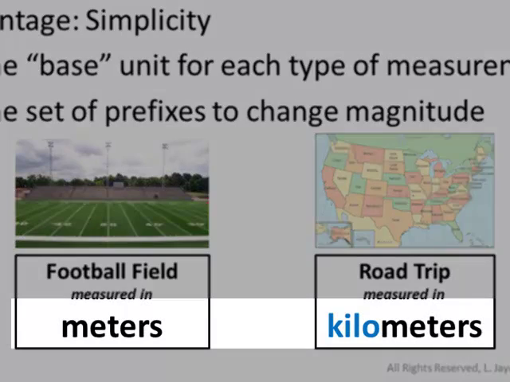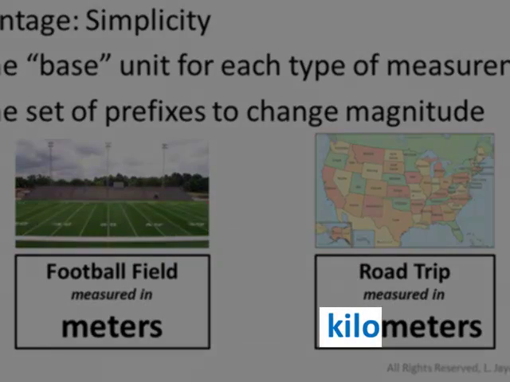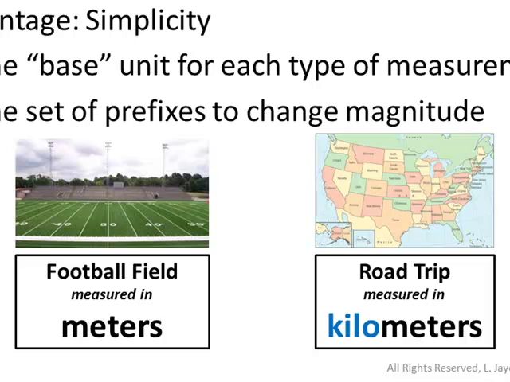I would just adjust that unit of meters by applying a prefix. A very common one to apply is the prefix kilo, which gives us the term kilometers. In this way, it simplifies the fact that you don't have to decide between different units. You simply use the only base unit that's appropriate, and then you can adjust it as you desire using a prefix.